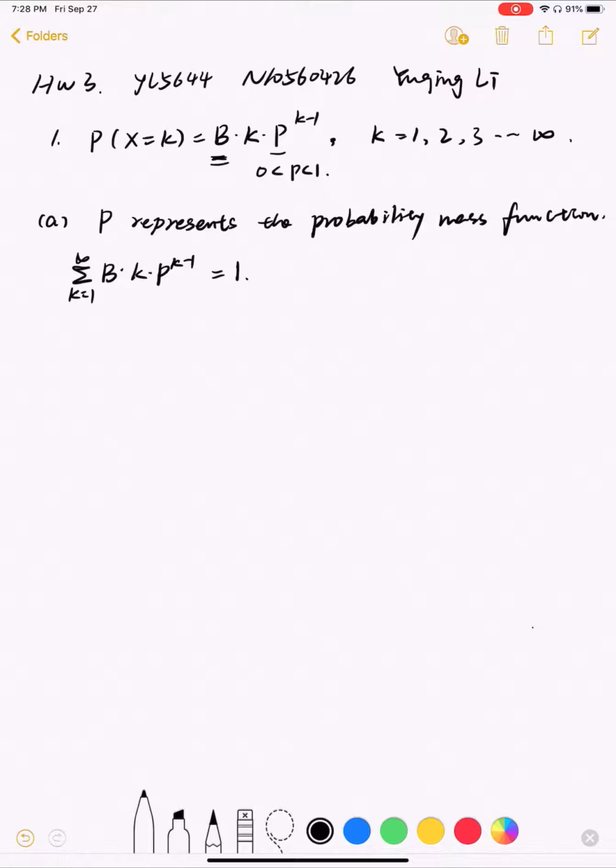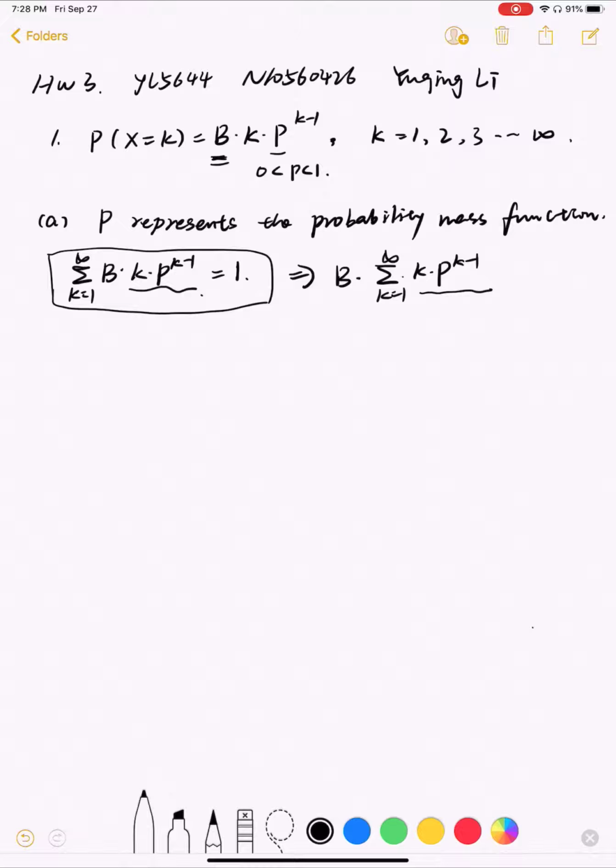So we just need to know this part, because this expression equals b multiplied by the sum. So we need to solve this part.